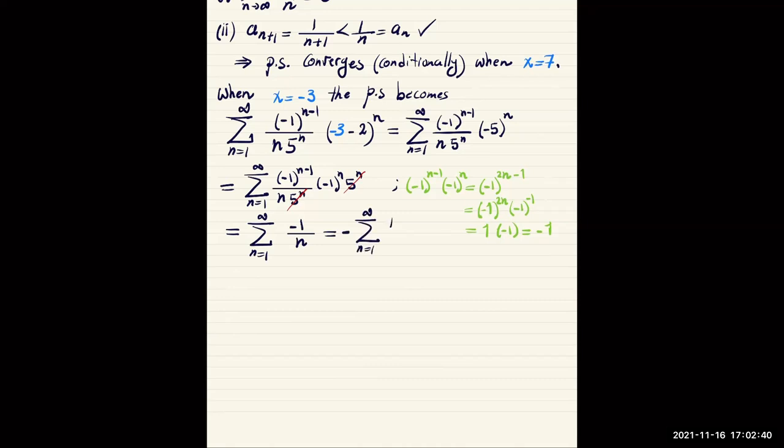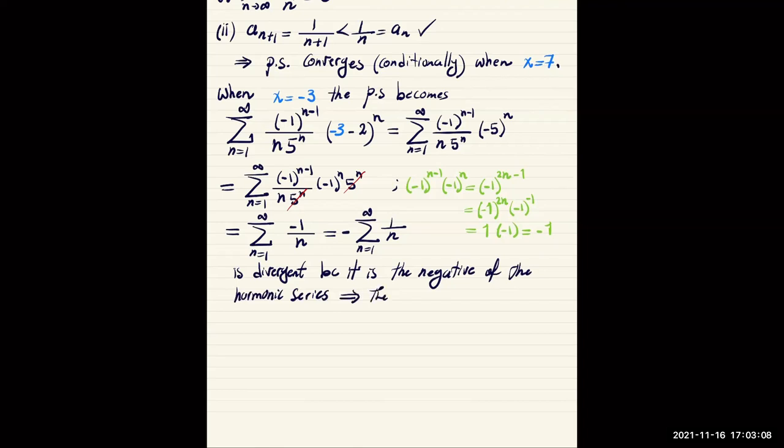You don't have to do that, but we just get the negative of the harmonic series. So the power series diverges when x is -3.